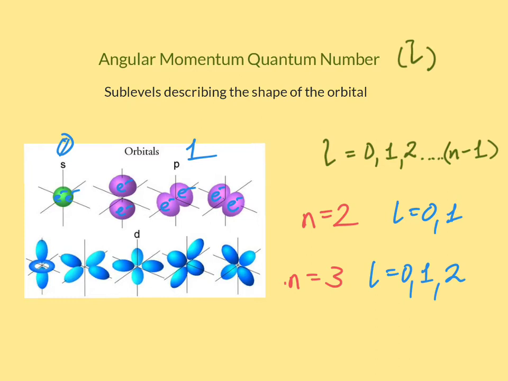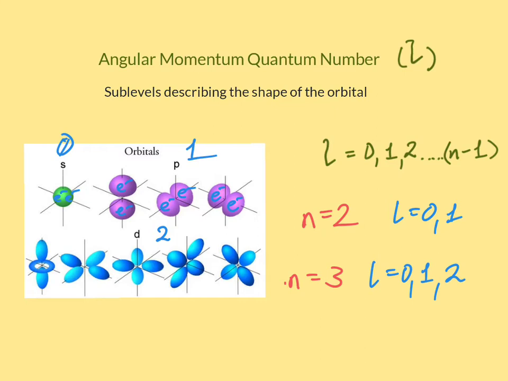And so you can see that, of course, there is the spherical L equals 0, the 3s. There's also a P sublevel at n equals 3, so 3s and 3p. But on the third energy level, there's also the D sublevel. So this D sublevel has L equals 2.